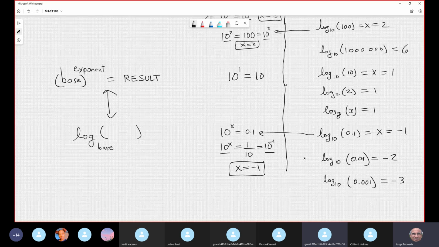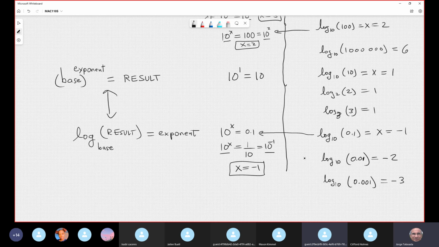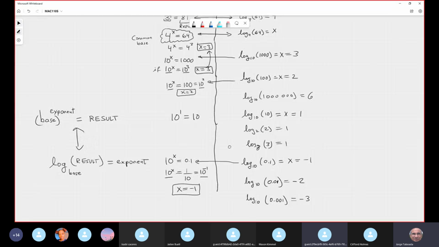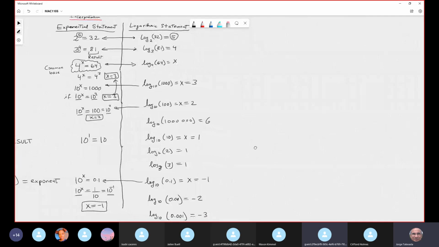You put inside the parentheses of the function notation the result of the exponential statement, equal exponent. It's a rule. Okay? So you need to be aware of transforming any statement from exponential to logarithm or logarithm to exponential, in both directions. This is part of the game in this test.